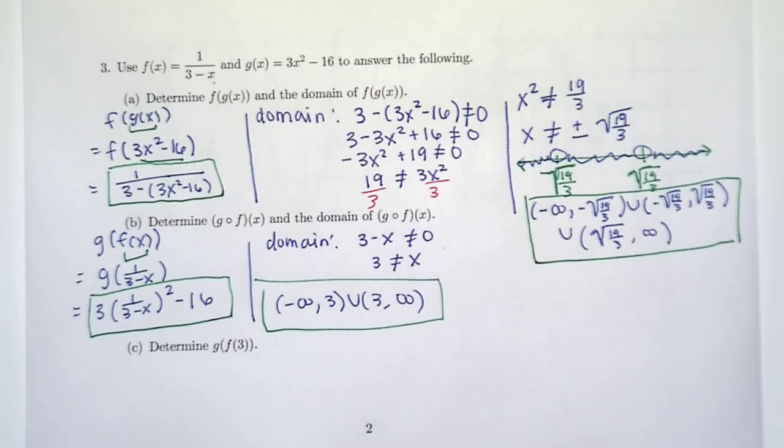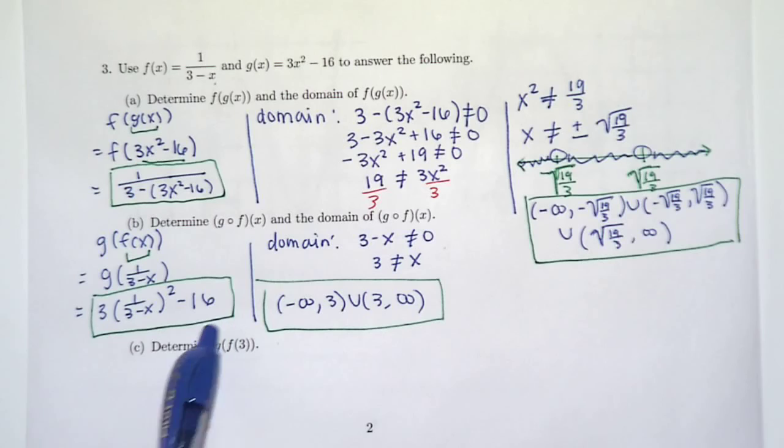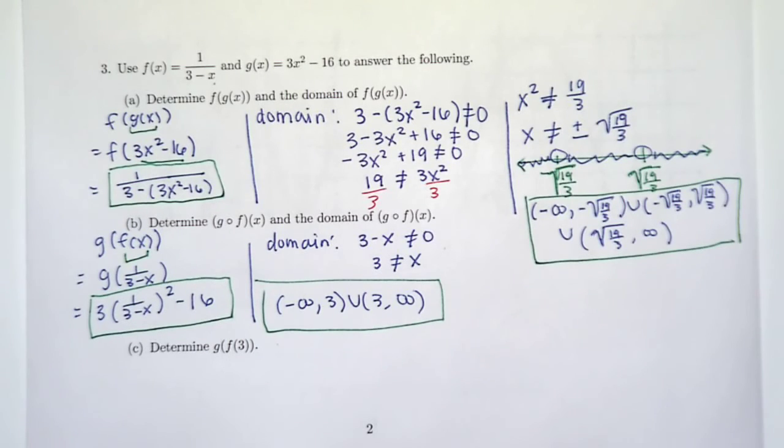Final question here, determine g of f of 3. Question, can you tell me the answer of this without doing any work? So g of f of 3, we already found g of f. G of f of 3 without doing any work, our answer is what? It should be undefined. How do we know this?